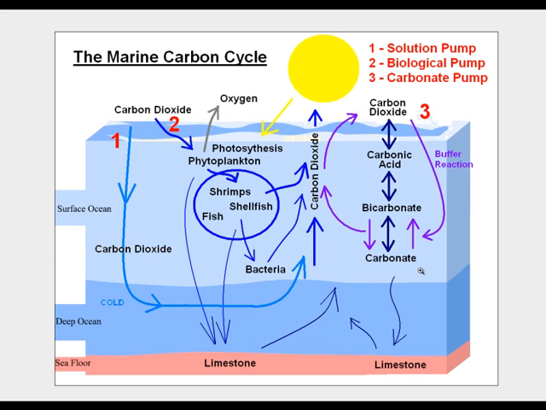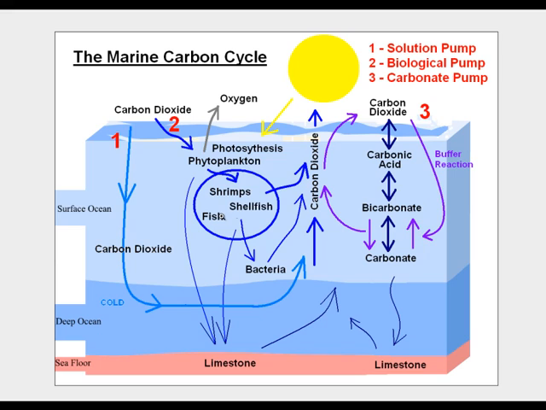The other thing I'd like you to take note of, because I'm going to be talking about it in the next video, is the limestone on the seafloor. The limestone, that's the same stuff which shells are made from, calcium carbonate. And this can end up on the seafloor in a few different ways. Let's have a look at a few different ways.